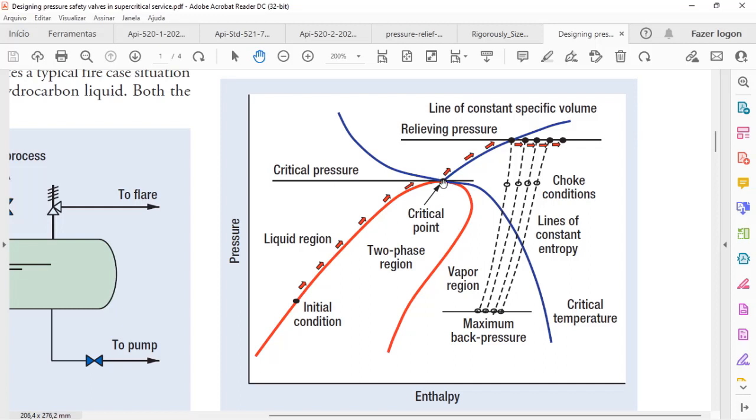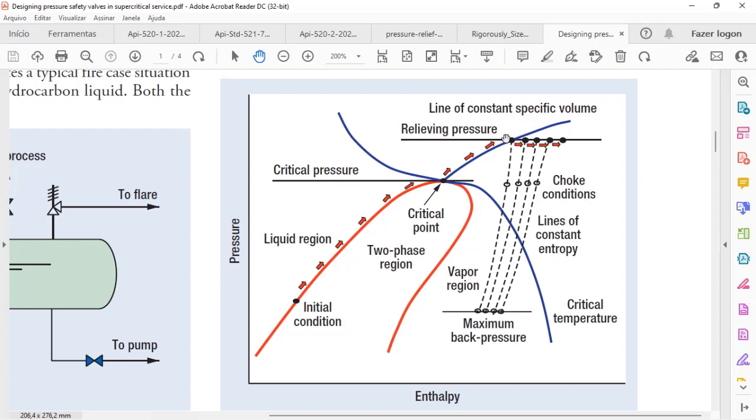From this point, with the addition of heat, the fluid will keep increasing its pressure and temperature at a constant specific volume, because the mass of fluid is the same and the volume of the space is the same, until it reaches the pressure relief set point.